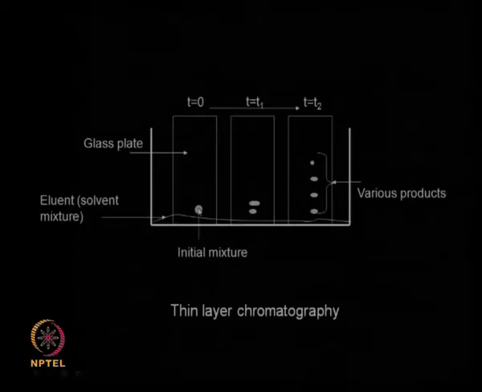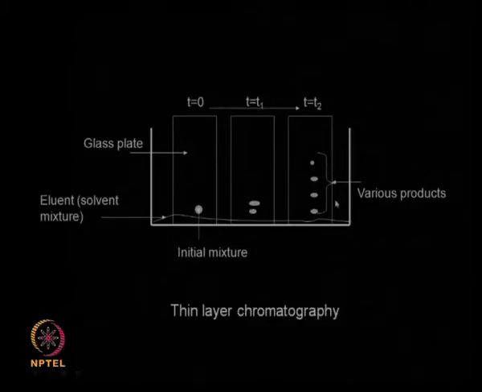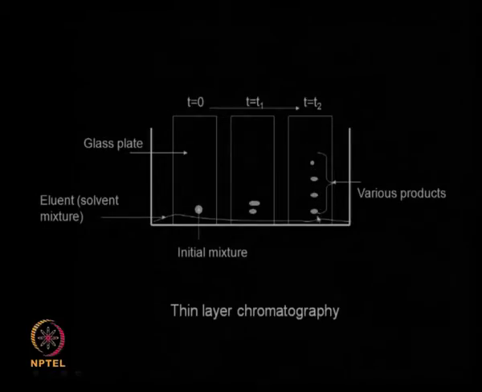Okay. Then he puts in his sample mixture, he dips it into a solvent, this could be a single solvent, multiple solvents. So as the solvent travels upwards, it carries some of the components, so over a period of time the various products are separated out.